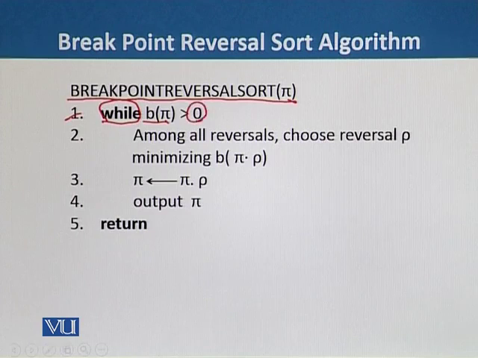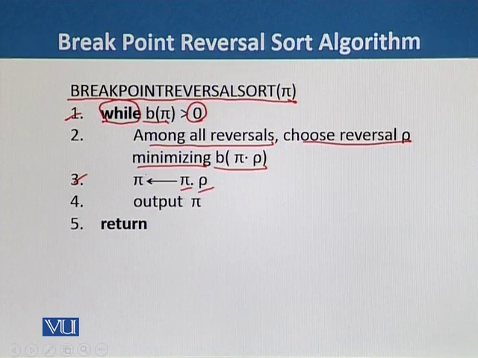In the second step, among all reversals we choose the reversal ρ that minimizes b(π·ρ), as we have already seen in the previous algorithms. In the third step, we assign the value of π·ρ to π, and we get the output π.